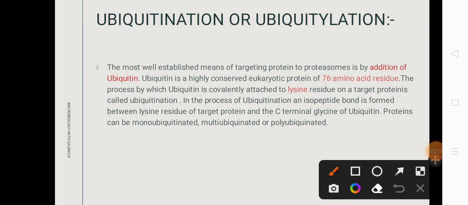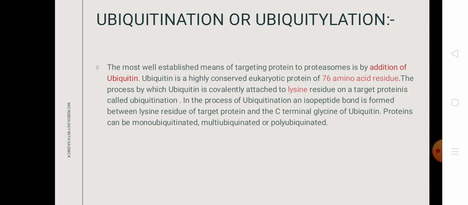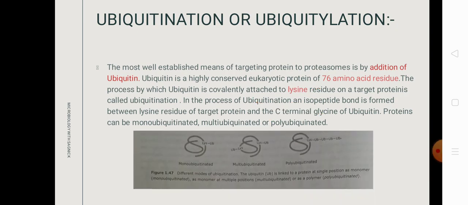As I have told you, the protein can be monoubiquitinated, multi-ubiquitinated, or polyubiquitinated. And in case of degradation, a protein is mostly polyubiquitinated.